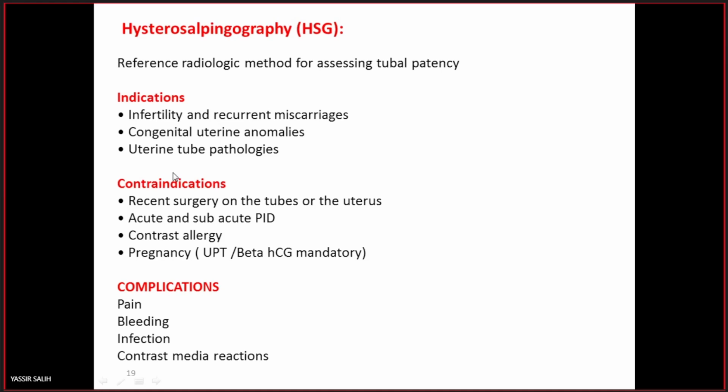The contraindication is a recent history of surgery. For example, if the patient within, say, 2 weeks had a history of surgery on the tube, for example laparoscopy for the tube or any other surgery in the tube, this is a contraindication for hysterosalpingogram. It is not absolutely contraindicated, but for a time.